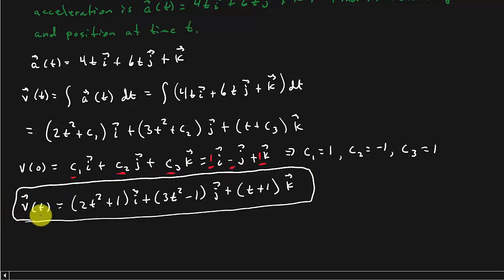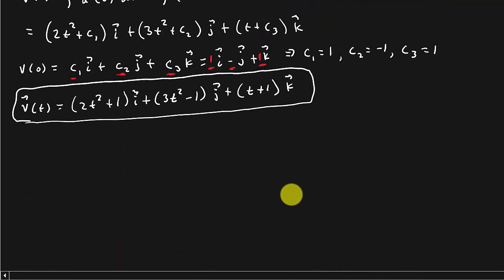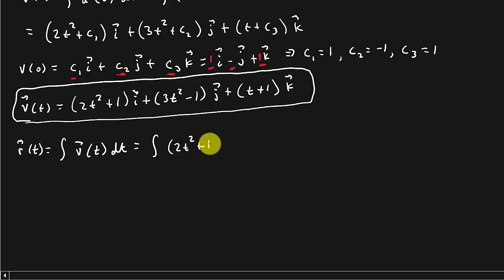All right, now they want us to find the position. Yep, we got enough room. All right, so now I have r of t is equal to the integral of the velocity vector. So that's equal to the integral of this thing. So that's 2t squared plus 1 times vector i plus 3t squared minus 1 times vector j plus t plus 1 times vector k.